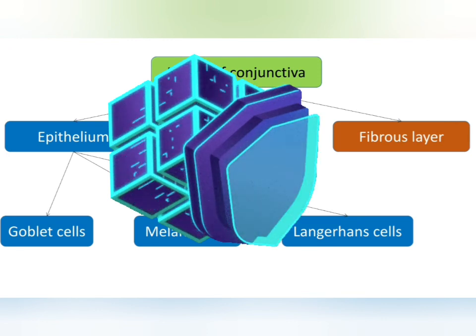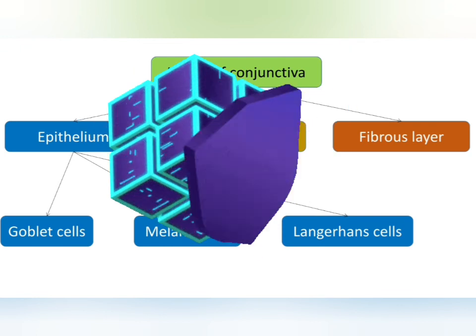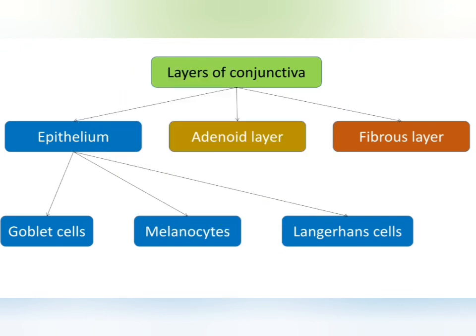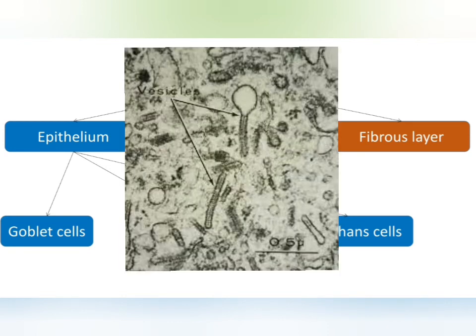They have the highest density in the tarsal conjunctiva, followed by the fornix, and then the bulbar conjunctiva. Okay. These Langerhans cells contain rod-shaped, tennis racket-shaped cytoplasmic organelles, famously known as brickbat granules.